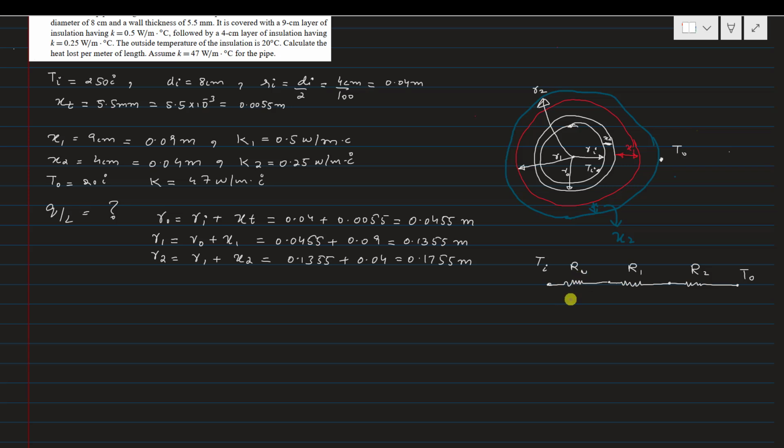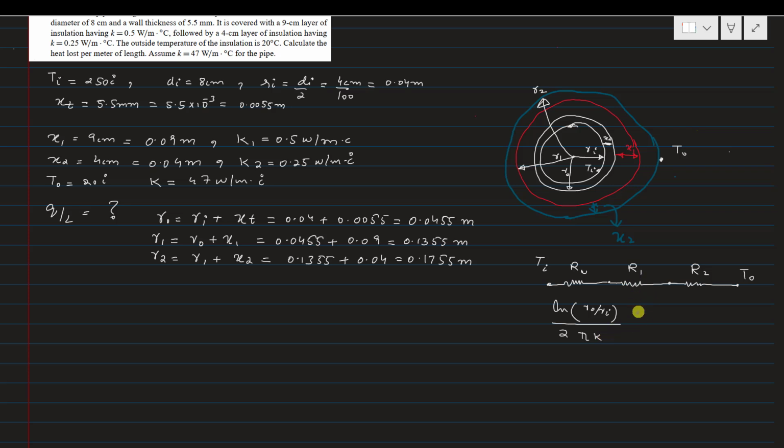The heat transfer is in the cylindrical coordinate, so the resistance will be equal to ln of R0 divided by Ri, divided by 2 pi K of the pipe.